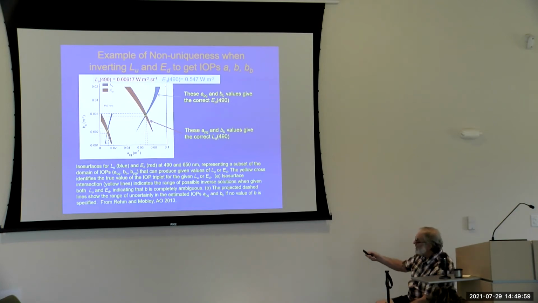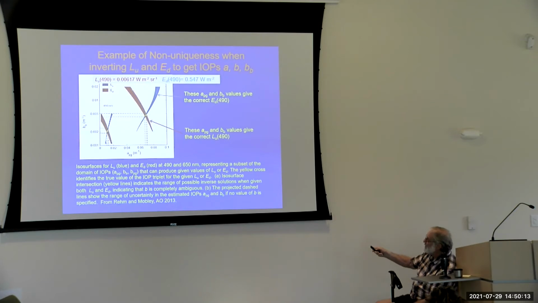So here he's done a bunch of simulations with HydroLight. And so there's a range. So here's Ed at 490 nanometers was 0.547 watts per square meter. And in the simulations, there's a range of absorption and backscatter values that give him that answer. The width of the line is because there's little errors in the measurements.